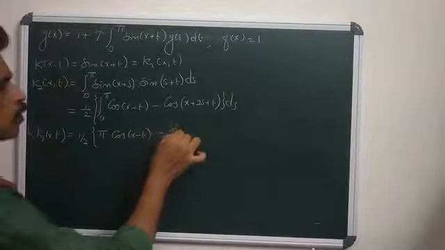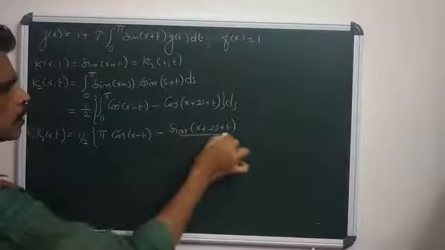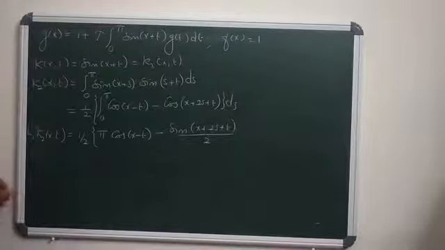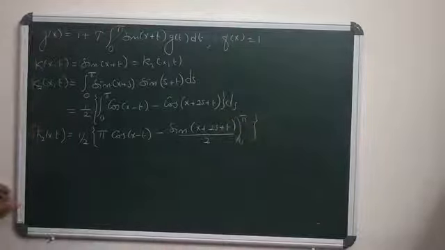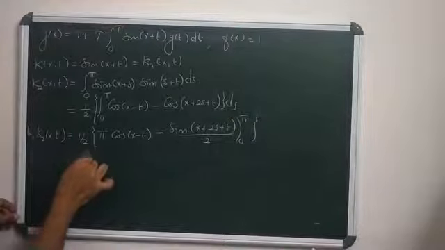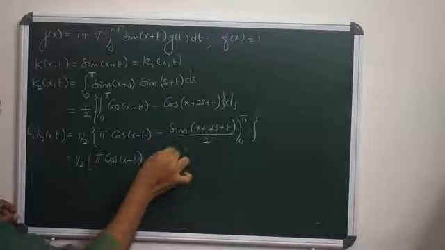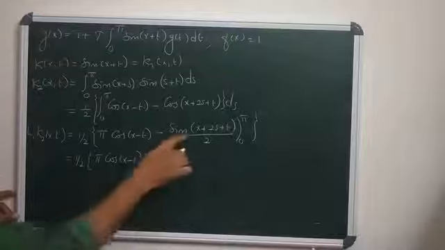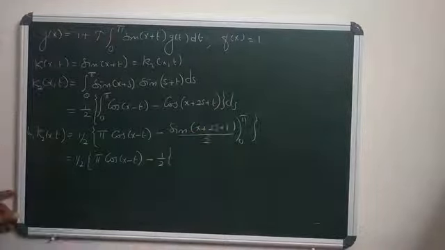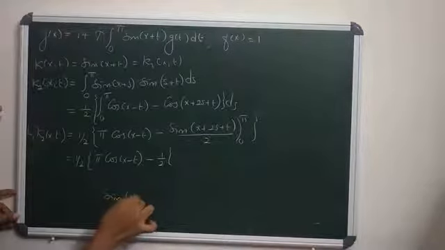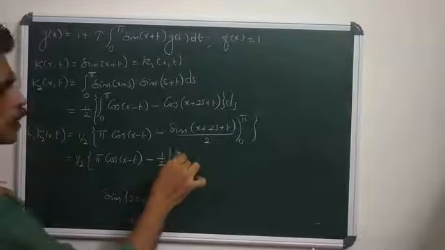The integral of cos(x plus 2s plus t) with respect to ds is sin(x plus 2s plus t) divided by 2, again from 0 to pi. So that equals half of pi cos(x minus t) minus 1 by 2 times, at pi, sin(x plus 2 pi plus t). Sin(2 pi plus x plus t) is again sin(x plus t).